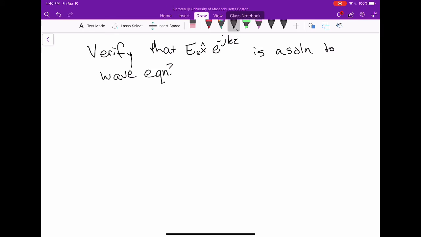To start with, let's remind ourselves of what the wave equation actually is.